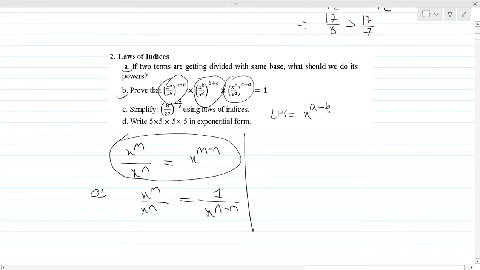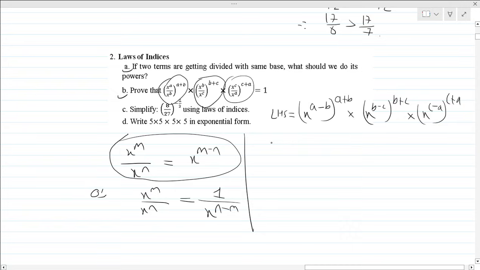As these are getting divided, their powers get subtracted, and whole power a plus b is there. We do the same for the second term: x power b minus c, and b plus c is there. Similarly for the last term, x power c minus a, and whole power c plus a is there.